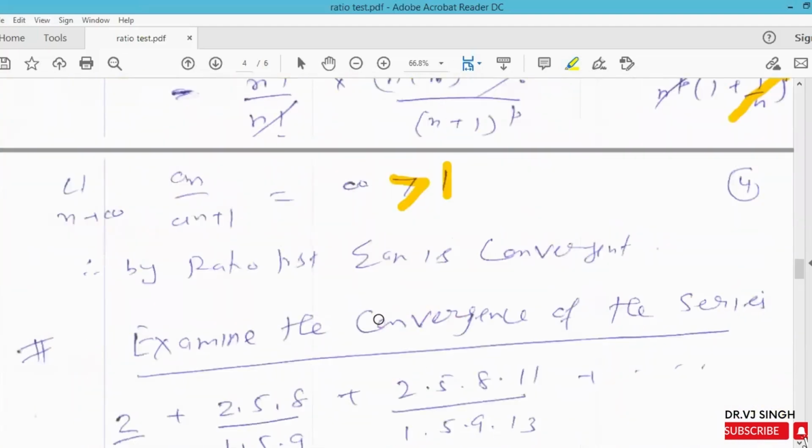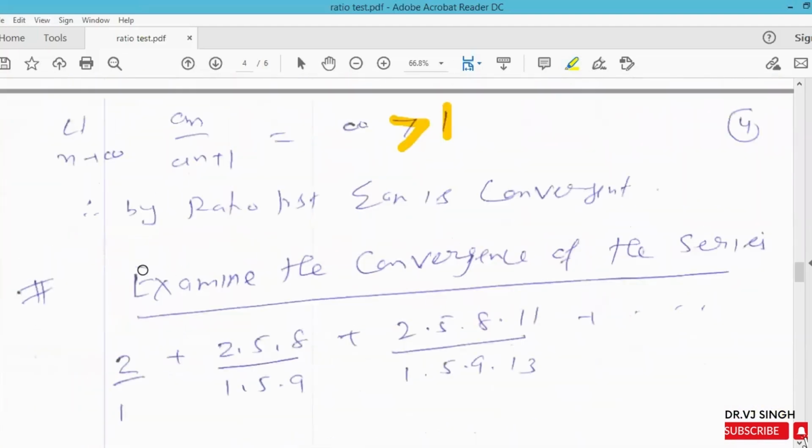So the next question is like this question. Now everyone try, I give 2 minutes, try to find the nth term of this. This nth term is very, very important. I did not discuss the nth term of this type of question. Anyone? How to find the nth term of this series?